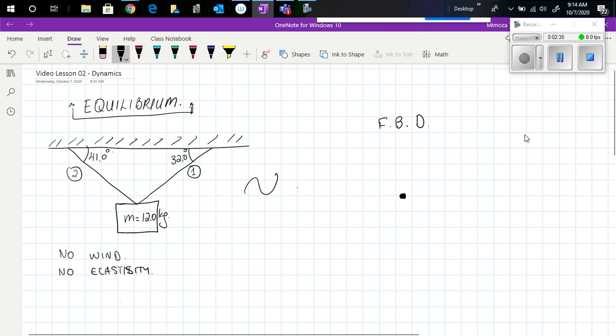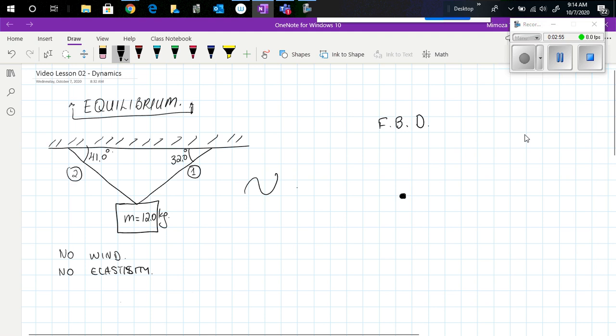From this point representing the object, we will draw all the forces that the object is experiencing. So we have to pause for a moment and then start drawing the forces.